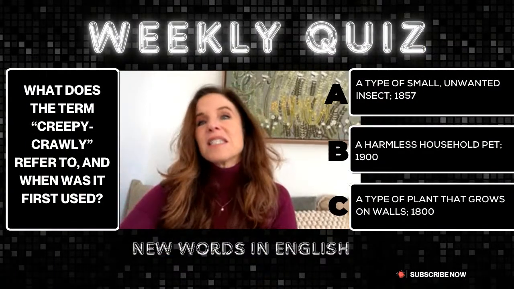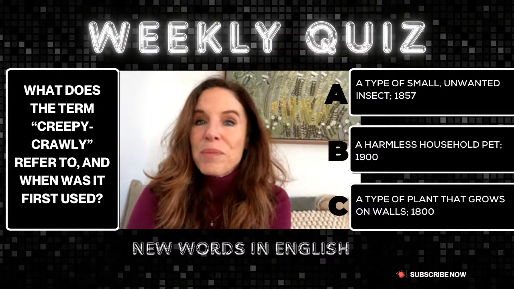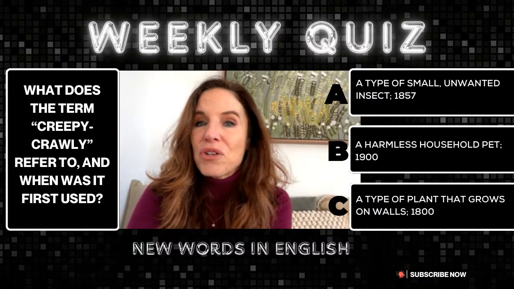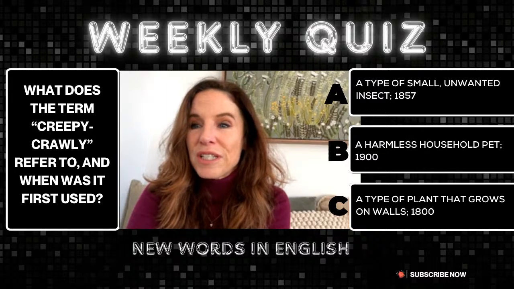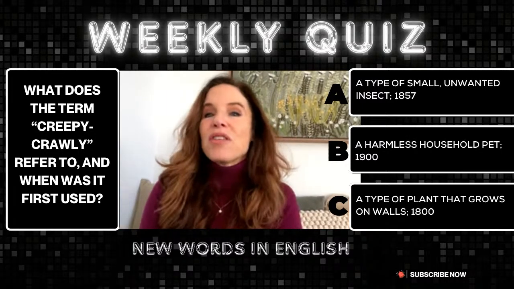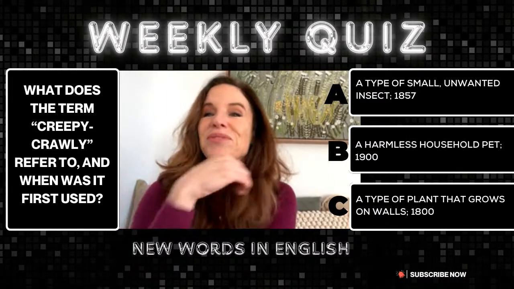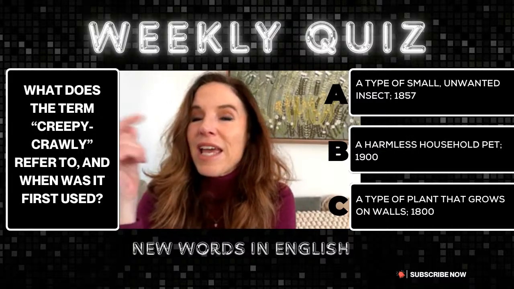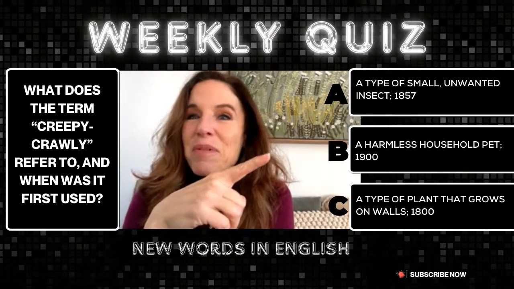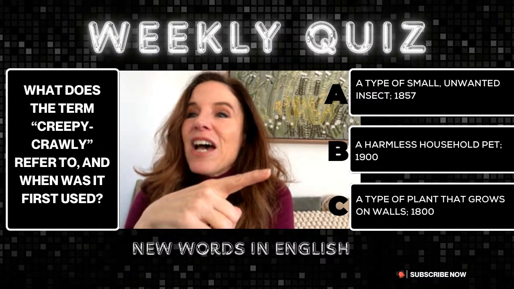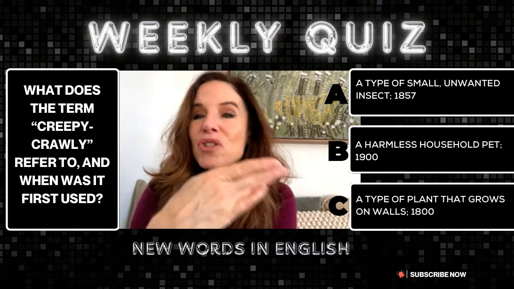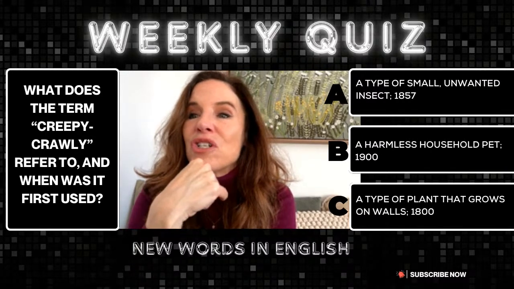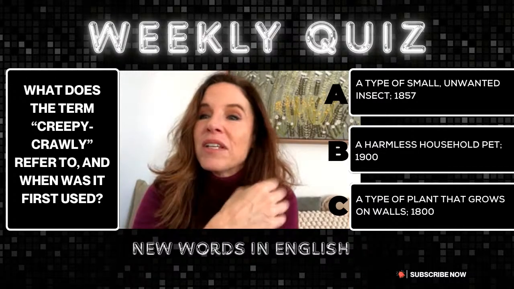First question is, what does the term creepy crawly refer to? And when was it first used? Was it A, a small type of unwanted insect, and it came into usage in the English language in 1857?